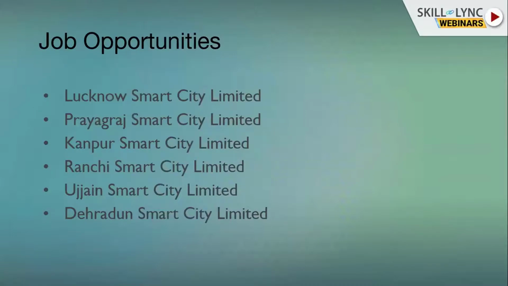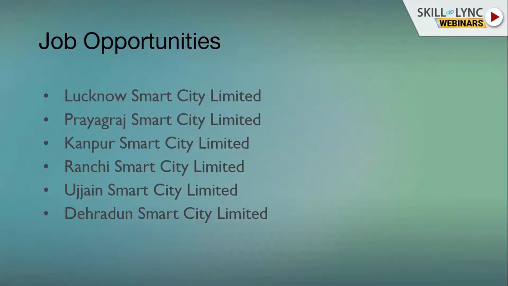Now, let's talk about the important aspect of adaptive traffic control system deployment. The first traffic signal was developed in the 1860s in London, and we have come a long way from that. The current government has launched smart cities.